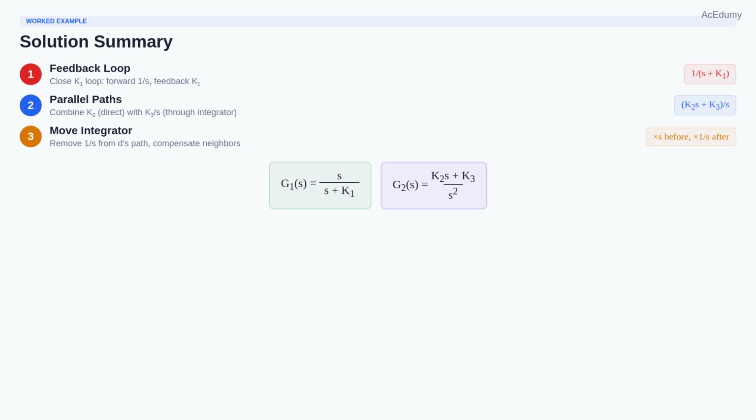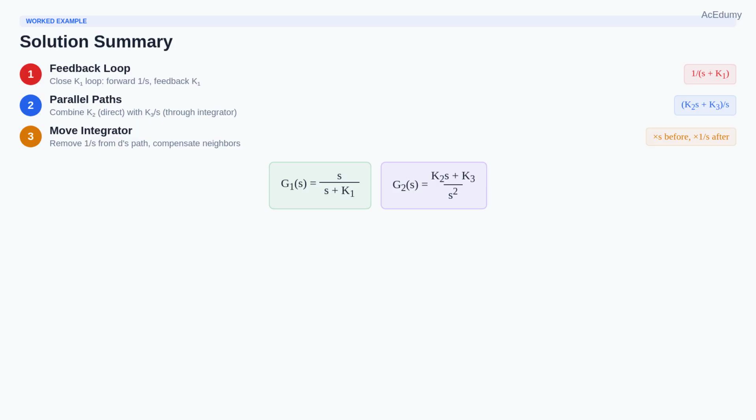We started with a block diagram containing 3 gains, K1, K2, K3, 3 integrators, and a disturbance input D. In 3 steps, we simplified it. Step 1. We closed the K1 feedback loop to get 1 over S plus K1. Step 2. We combined the K2 and K3 parallel paths to get K2S plus K3 over S. Step 3.